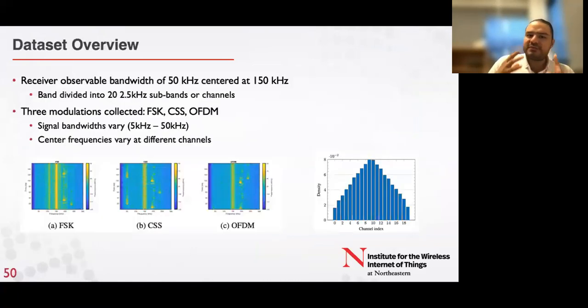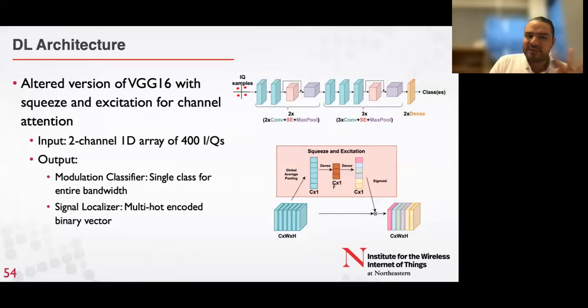In the data set, we used 3 different modulations with varying bandwidths, and a varying center frequency as well, so that we have a generalizable model that can find and locate where these signals are coming in real time at which section of the network. Looking a little at the architecture, without going too much into detail, we are using an altered version of the VGG16 network.